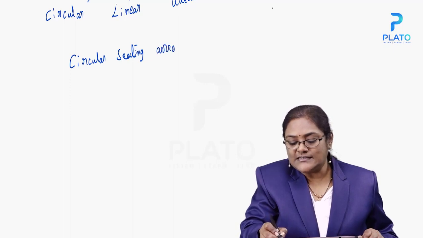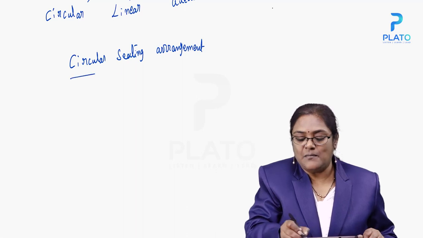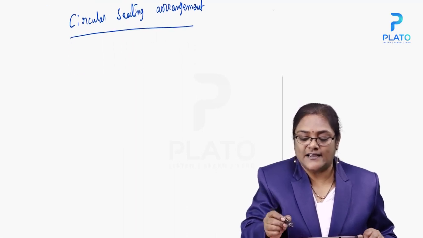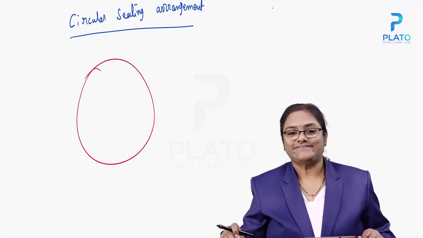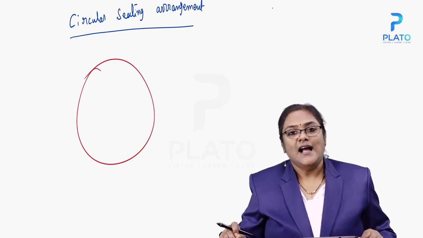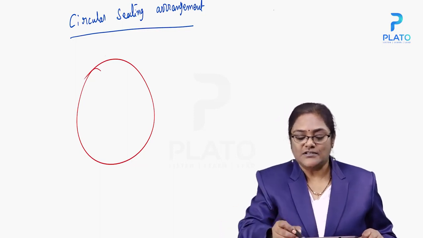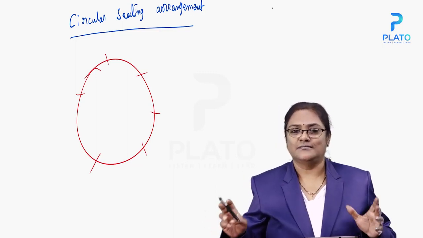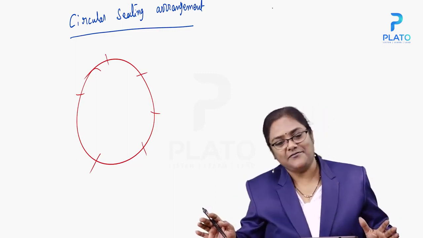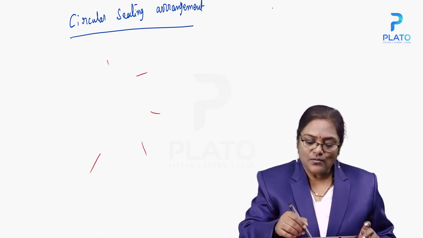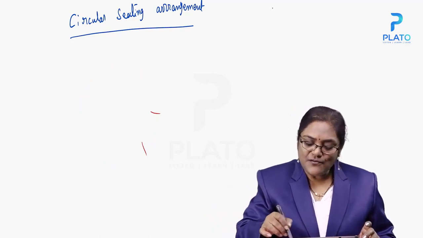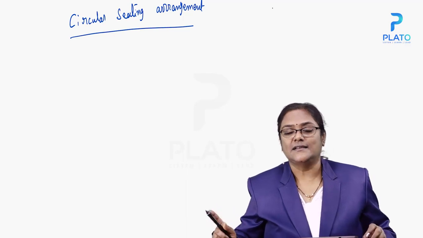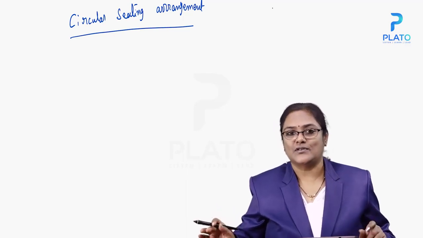The moment you hear circular seating arrangement, what you get in your mind is a big circle, and then you put some dots. But I just wanted to do the same thing in a different way: instead of drawing any circle, just put the dots.